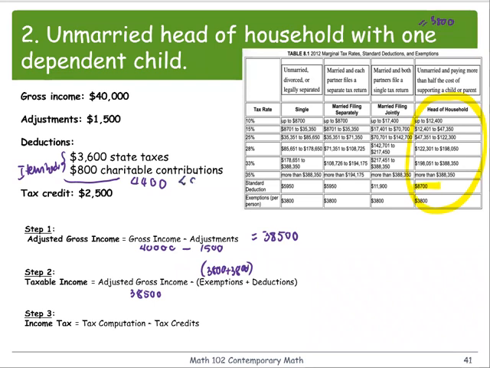So it's less than 8,700 from the standard deduction. So we're gonna take the greater value. It's gonna be 8,700 from the deduction part.